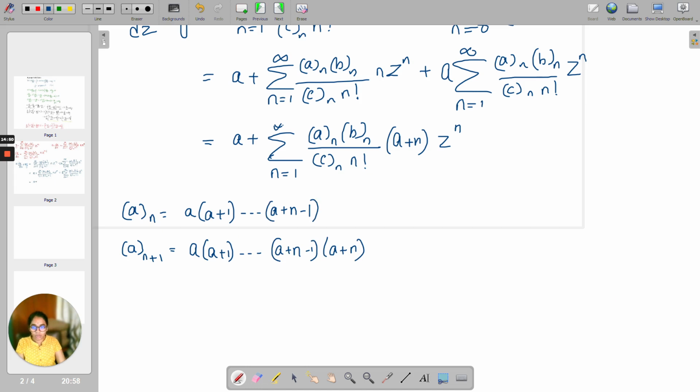So now I want an into a plus n, right? So here you see, can I replace this whole part with an? Yes. So what would an plus 1 be now? It would be a at n into a plus n. That is what we needed, right? We have in this equation an into a plus n. So let me replace that.